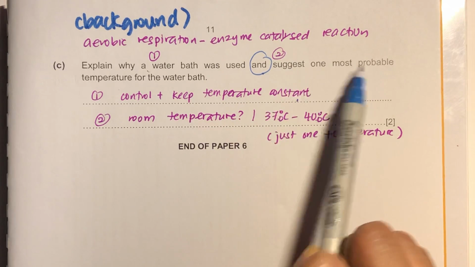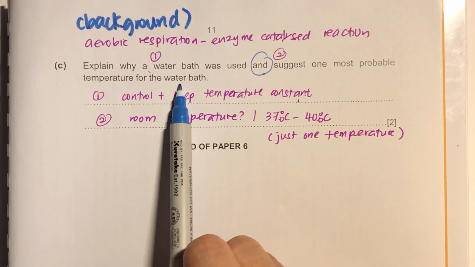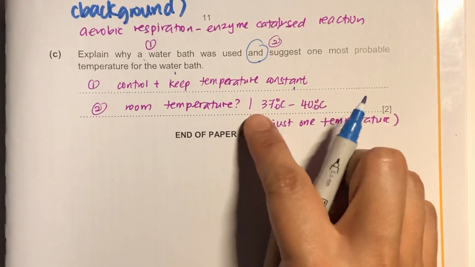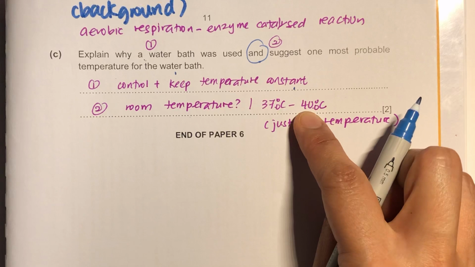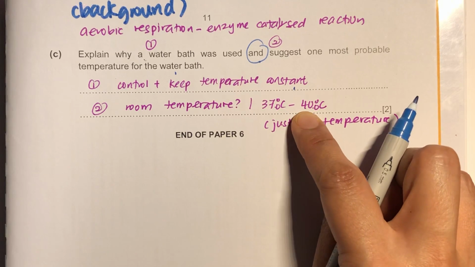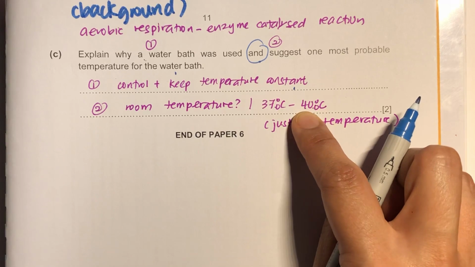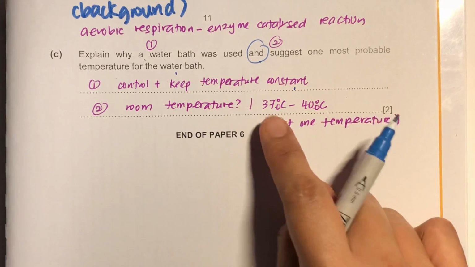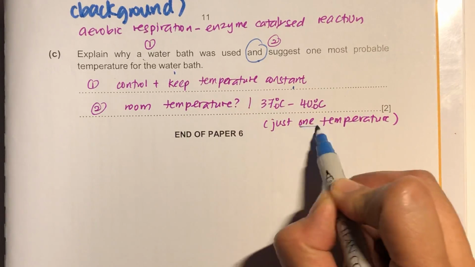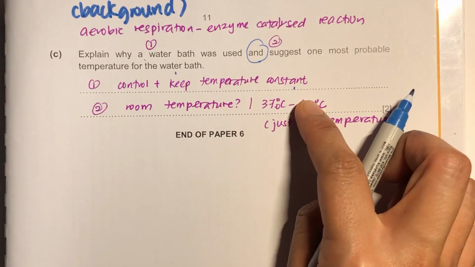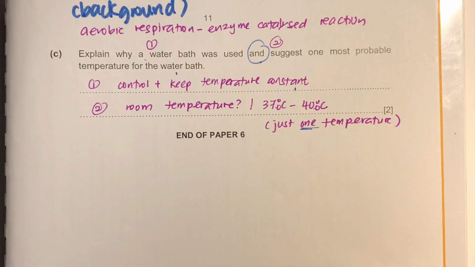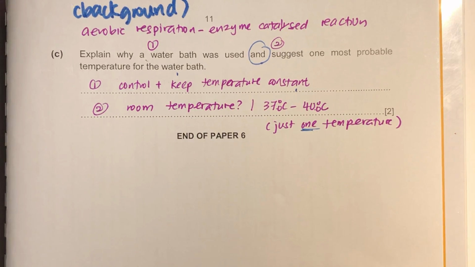And when they ask you to suggest 1 probable temperature for the water bath, I understand that in the marking scheme it is about 37 to 40 degrees Celsius. I was assuming this is going to be in humans, but this is a larva. So we can take this as a guide, but you choose one temperature in this range, or room temperature, and that is a probable temperature for the water bath.